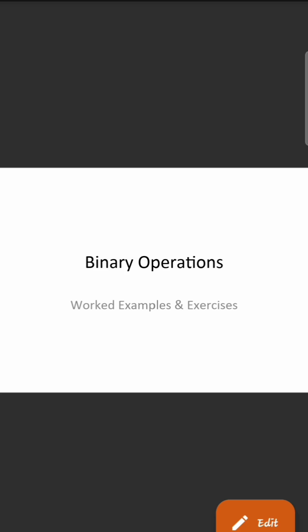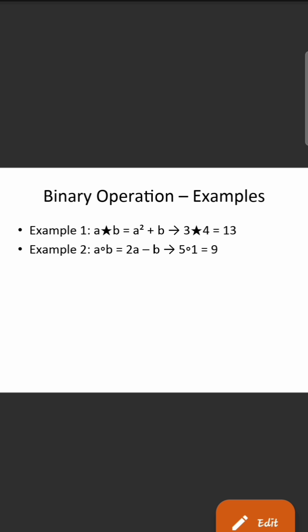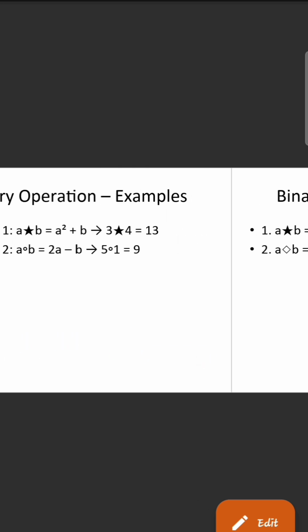Now let's look at more examples, exercises on those that we have treated before. So look at this. This is an example of binary operation.